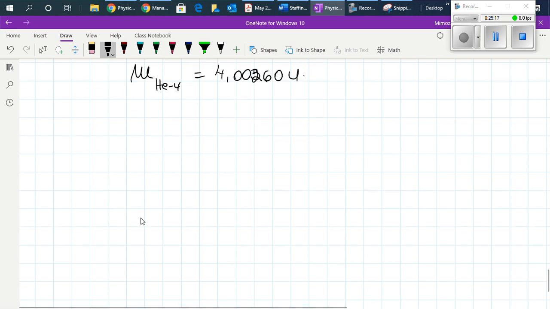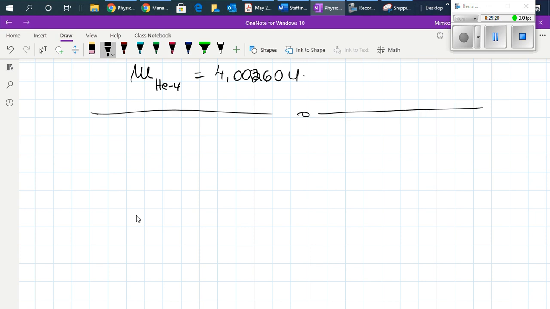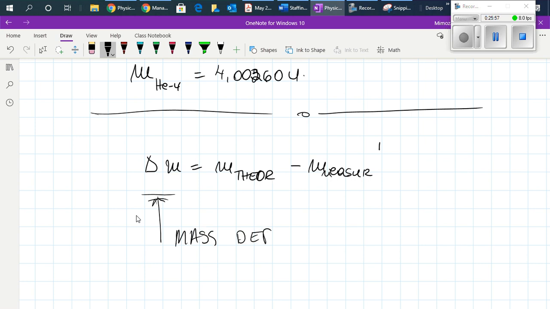And this difference between the separated protons and neutrons, the exact numbers that form the nucleus but are not bound into a nucleus, and the measured mass, is known as the mass defect.